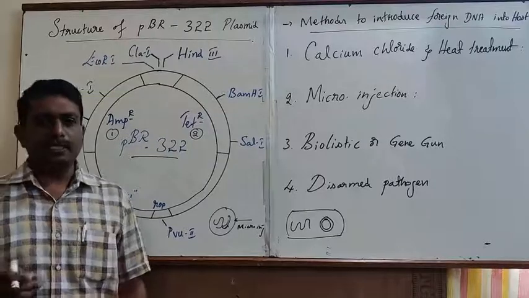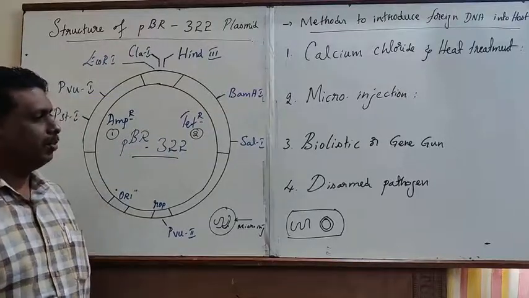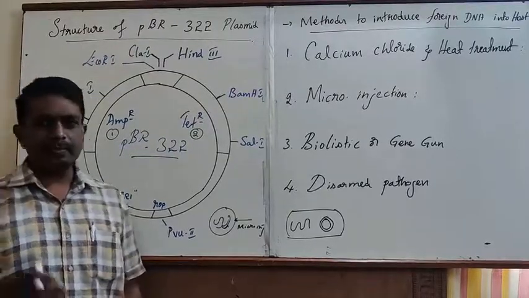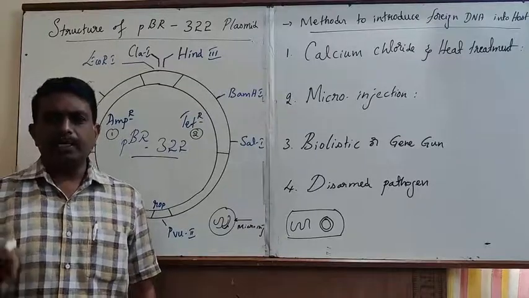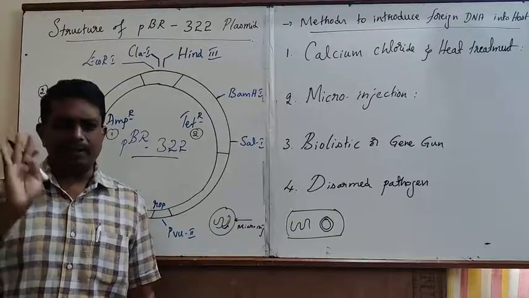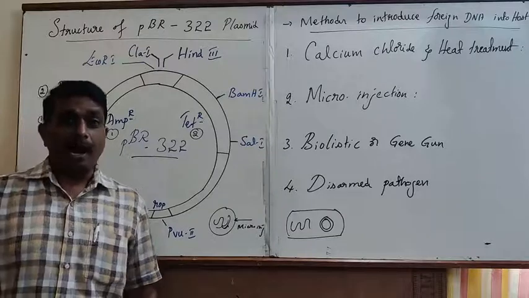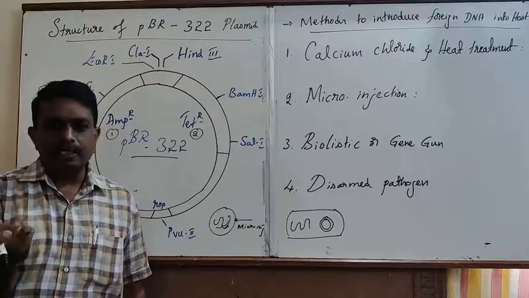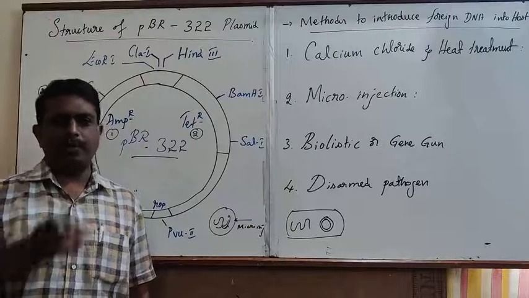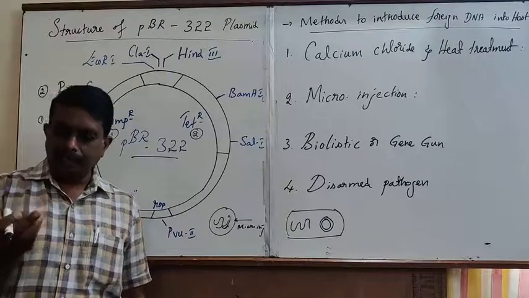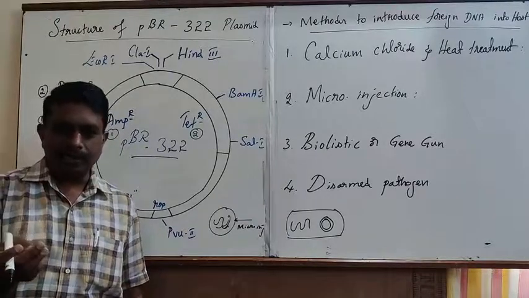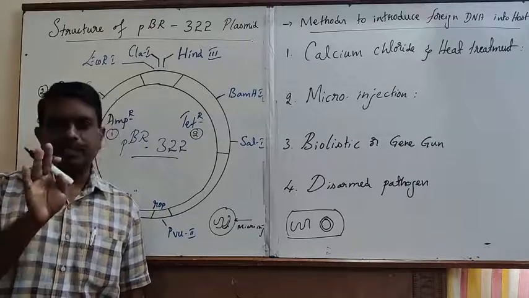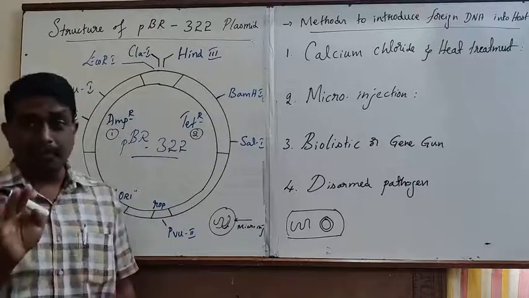The third one is the gene gun or the biolistic method. In this method, the cells are continuously bombarded with high velocity of either tungsten or gold particles. These gold and tungsten particles are imprinted with the desired DNA.